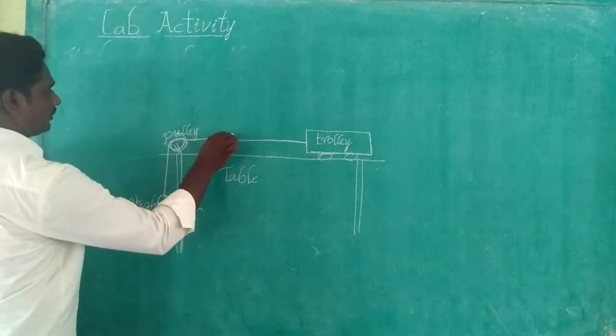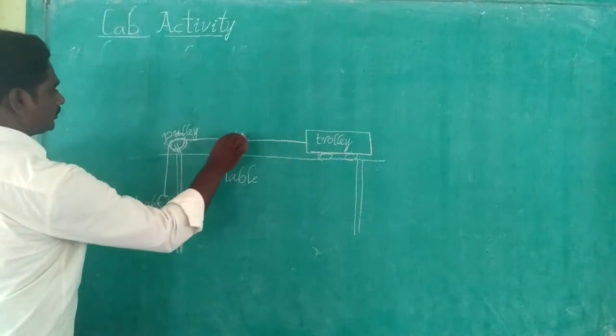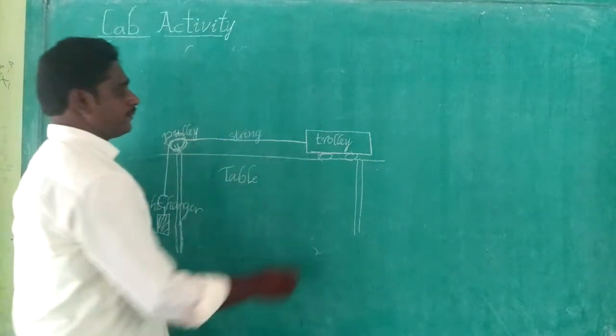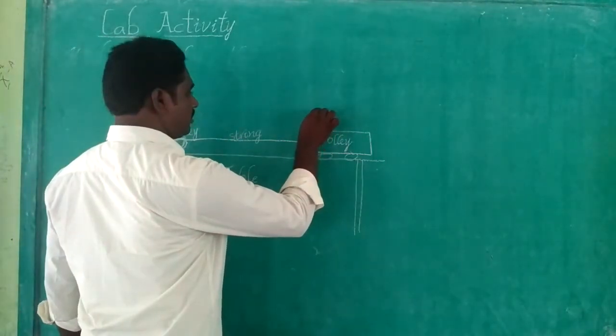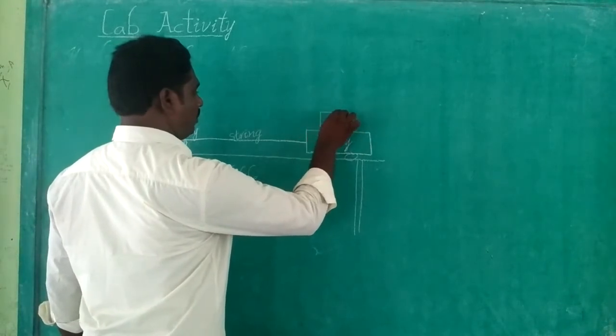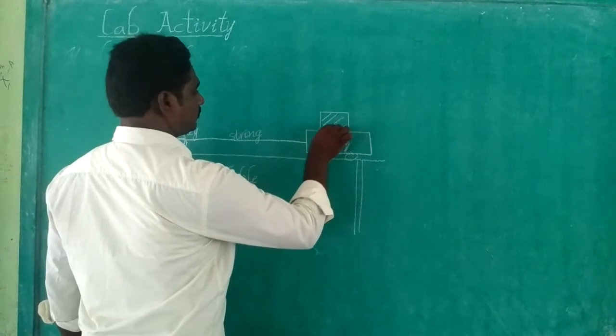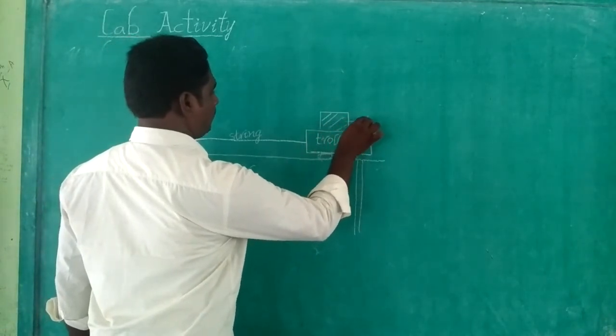This is the string. Next one is take a wooden block. The wooden block is put on the trolley. This is the wooden block.